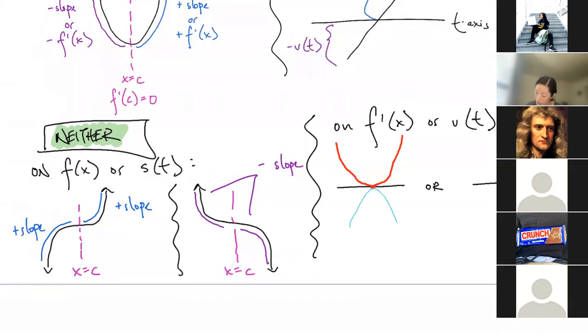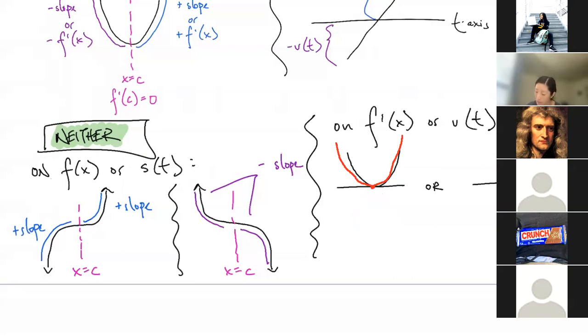You might have this kind of situation. Whoops, I should probably make that actually touch zero. So that might be a case where you look at this on the velocity graph and you're like, oh, nothing changed direction. It's like you thought about changing directions, but you didn't change direction.